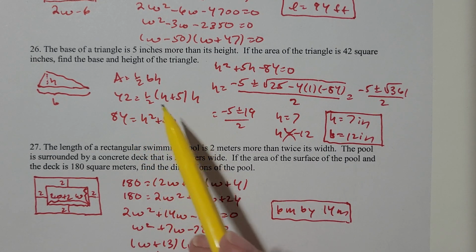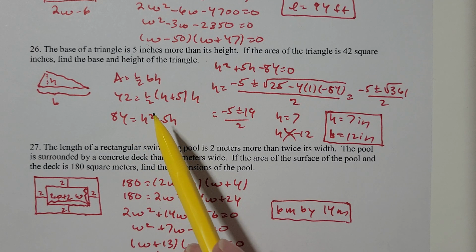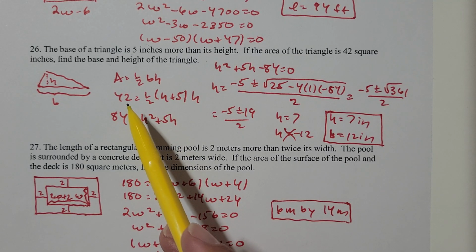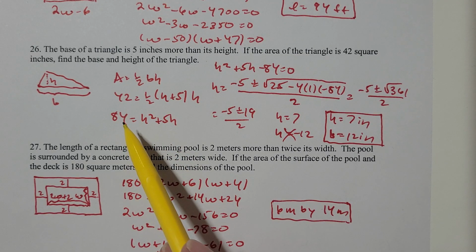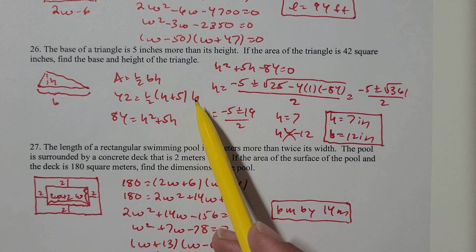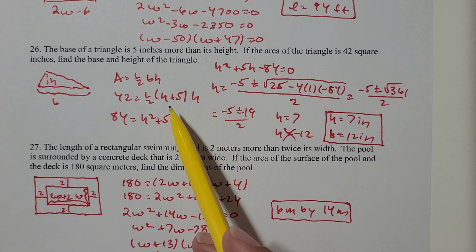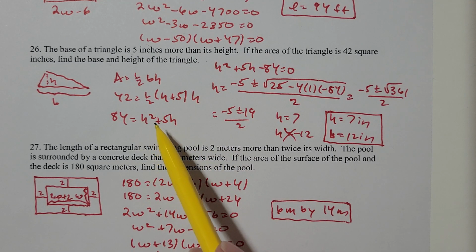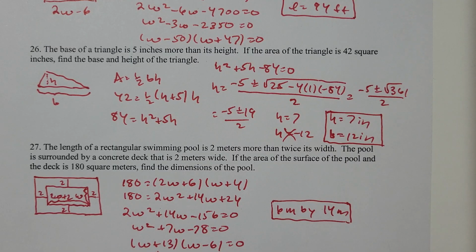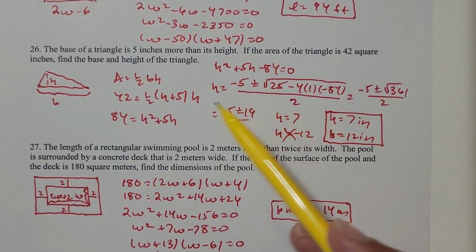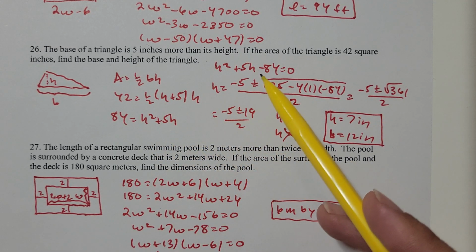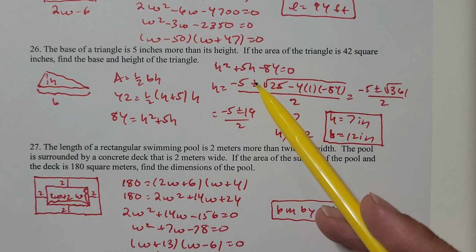Okay, here'd be my quadratic equation. So if I multiply both sides by 2, 42 times 2 is 84. That's equal to, if I distribute the h into these two terms, h squared plus 5h. Okay, and let me subtract 84 from both sides.